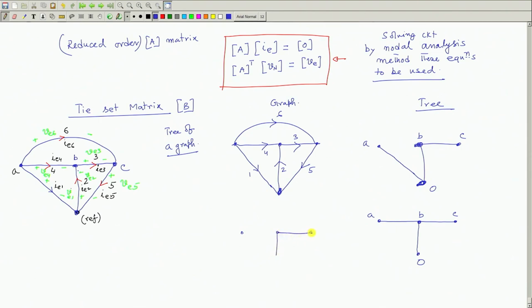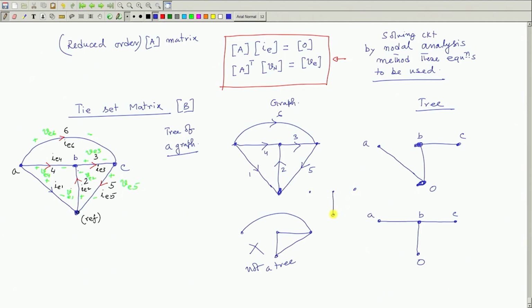All nodes are present, but this is closed, so this is not a tree. There should not be any closed path present, which is a subset of these elements. Some elements you choose such that all the nodes are present, no node is left alone. That is, this is also not a tree.